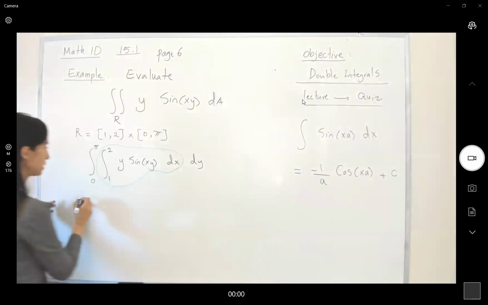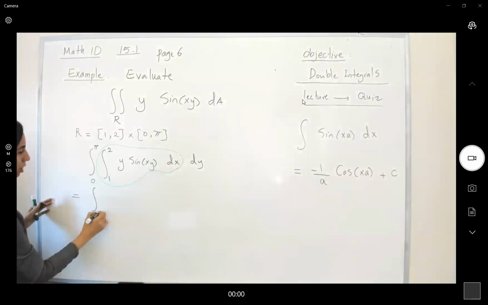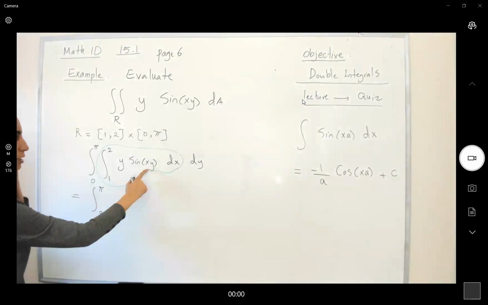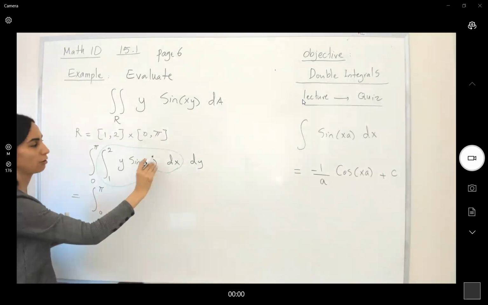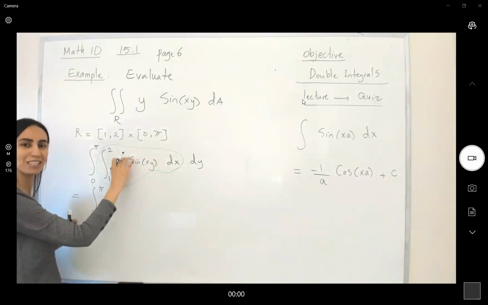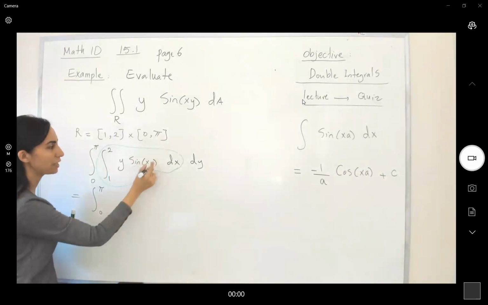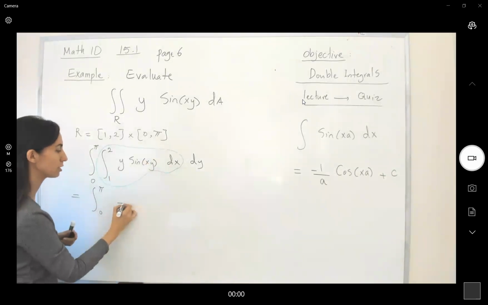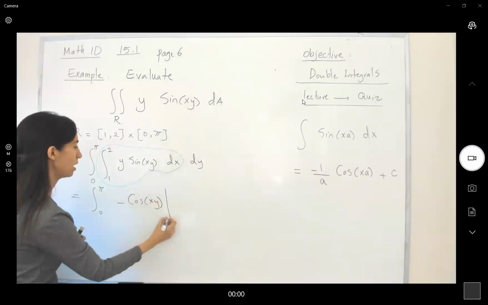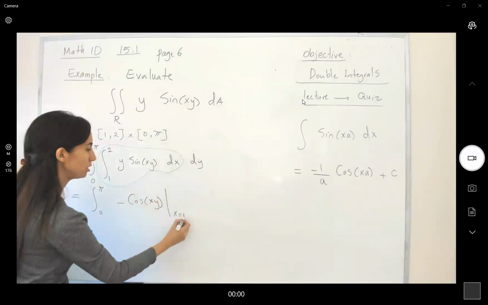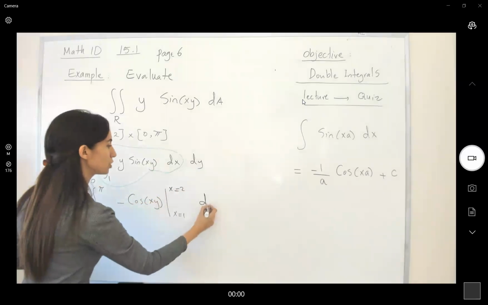Very well. So in this case, you're going to have the integral 0 to pi. Here, okay, so take a look at this. X times y, y is the constant, which is actually here. So we're lucky. This integral is nothing but negative cosine xy, and x ranges between 1 to 2, dy.